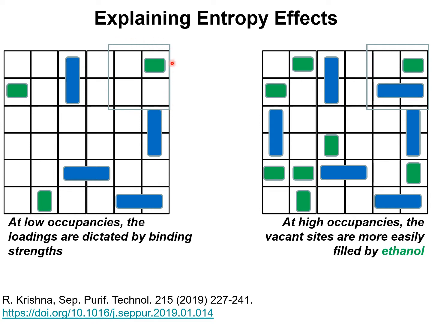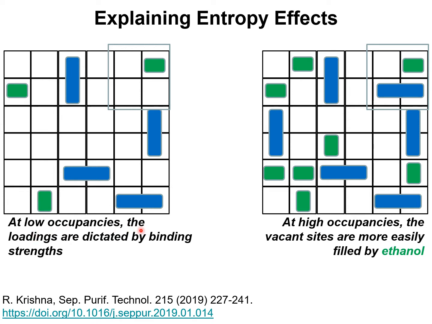A single cage of chabazite can accommodate 4 molecules of ethanol, indicated in green, or 2 1-propanol molecules, indicated in blue.